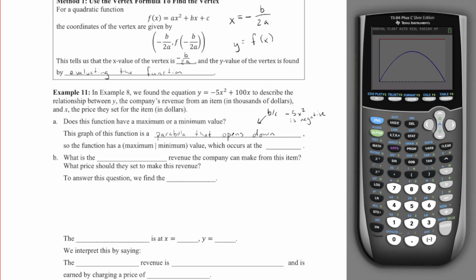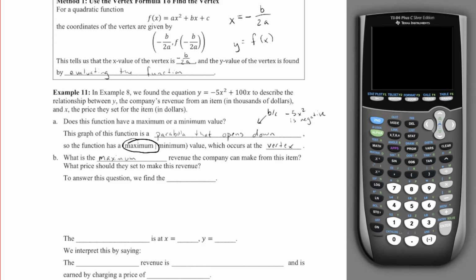So even if we hadn't looked at the graph, we would know that this is a parabola that opens down, which means that it has a maximum. And that maximum occurs at the vertex. So we can ask the question, what is the maximum revenue that the company can make for this item? To answer this question, we find the vertex.